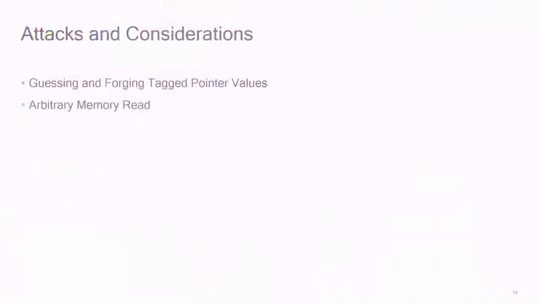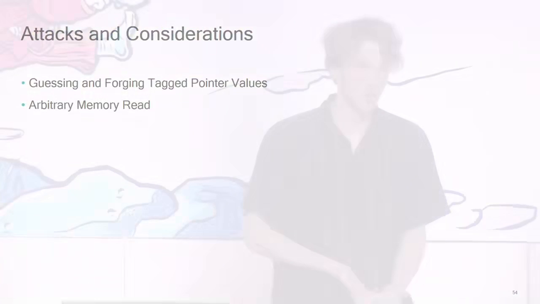Another one: if an attacker has arbitrary memory read, say through a read buffer overflow or an uninitialized memory vulnerability, then they can read arbitrary memory locations. Stack smashing protection and address space layout randomization are vulnerable to information disclosure, but pointer authentication is designed to be robust here.